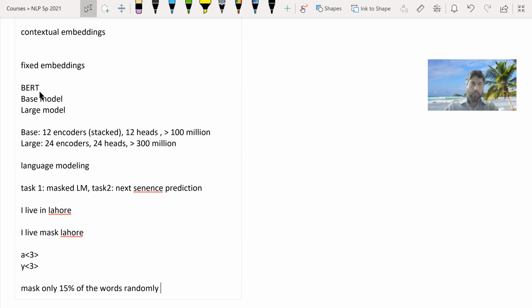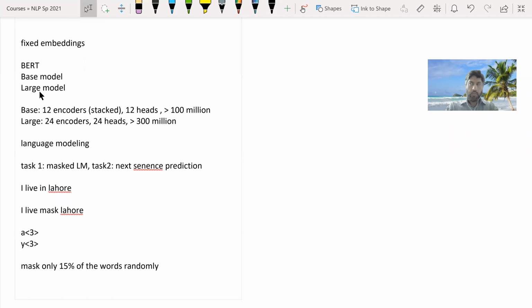And of those masked words that are selected, we further do this: 80% of them are masked, meaning that you give it some random vector, not the vector of that particular word. Okay? A random vector, or maybe you can even set it to zeros.